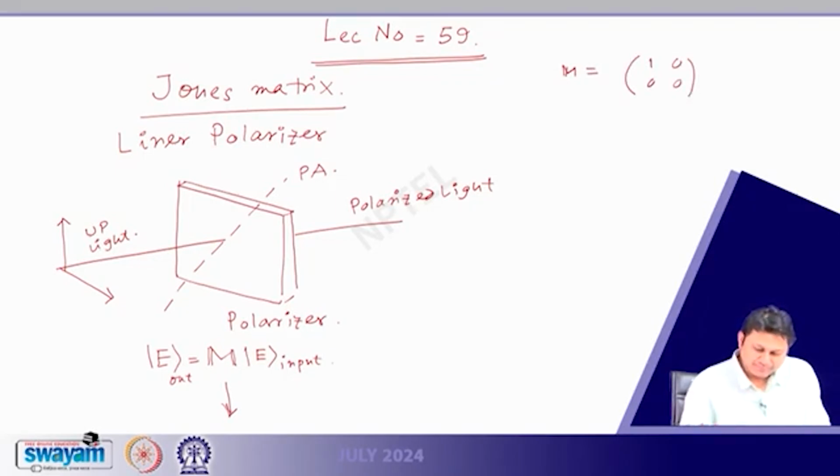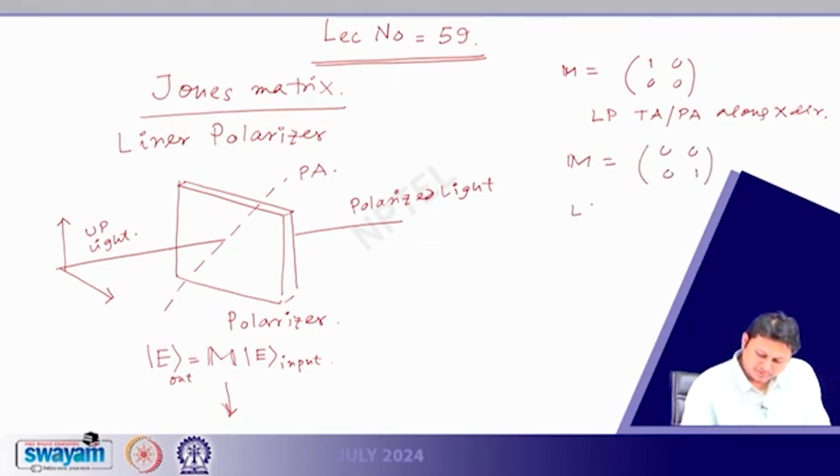That is when the linear polarizer has its TA, that is transmission axis or pass axis, along the x direction. Similarly, M was 0 0 0 1 when the linear polarizer has its TA or pass axis along the y direction.